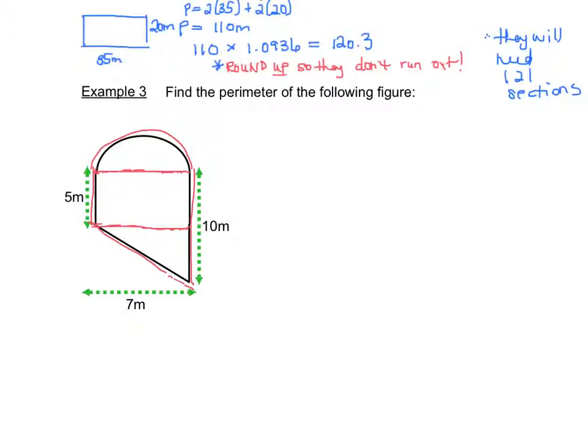That would be this one and this one, the distance around half this circle, and then add this all together, because we already know that the distance along one side here is 10 meters and this side is 5 meters. Let's start by finding the length of side x. Notice that x is actually the hypotenuse of this triangle at the bottom. So we can use the Pythagorean theorem to find the length of that side.